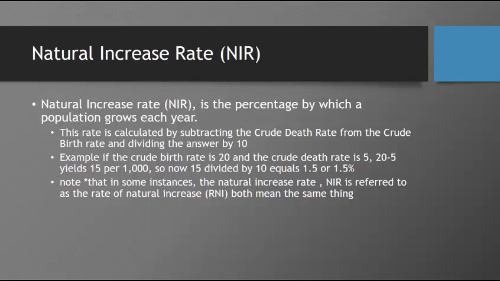For example, if the crude birth rate is 20 and the crude death rate is 5, 20 minus 5 yields 15 per 1,000, so now 15 divided by 10 equals 1.5 or 1.5%. Note that in some instances the natural increase rate, NIR, is referred to as the rate of natural increase, RNI, but both actually mean the same thing.